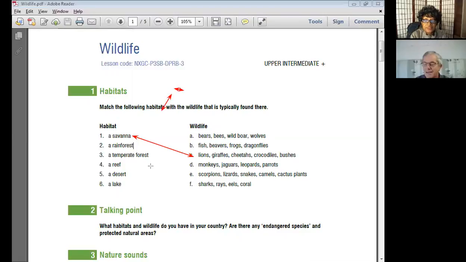Now, lions, giraffes, cheetahs, crocodiles, bushes. Good. So lions, giraffes, cheetahs, crocodiles are found in the bushes of a savanna.